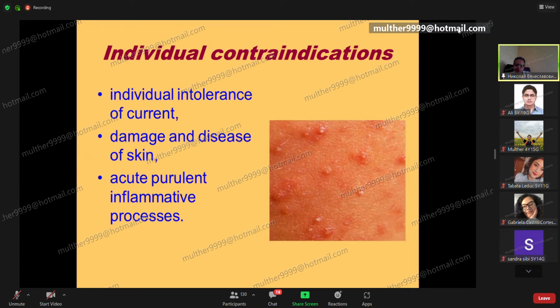Here you can see furunculosis, multiple furuncles on the skin. As for skin diseases, especially diseases with itching syndrome are not recommended, such as psoriasis and eczema.